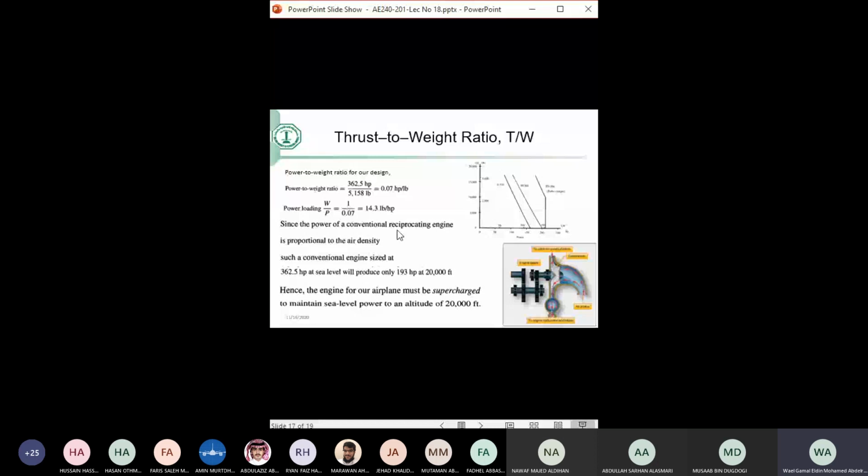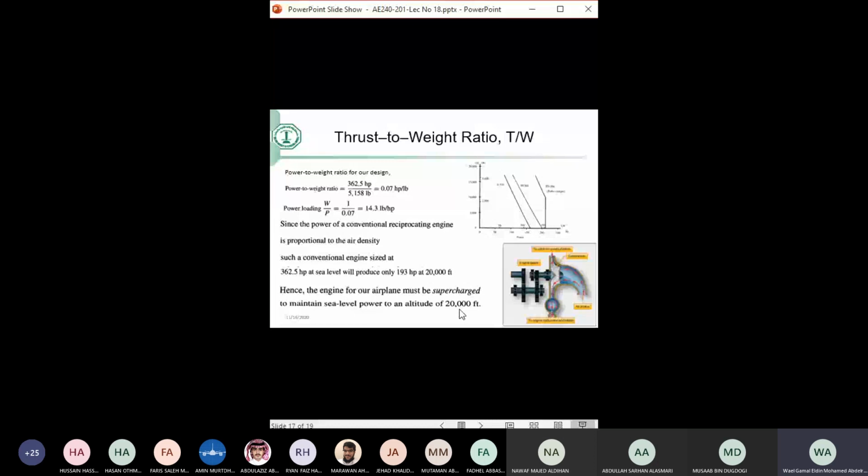So the cylinders will be able to provide you with a constant power up to the working altitude of the compressor. So in this case, if you want to maintain the 362 horsepower, you must have a supercharged engine all the way up to the height of 20,000 feet.